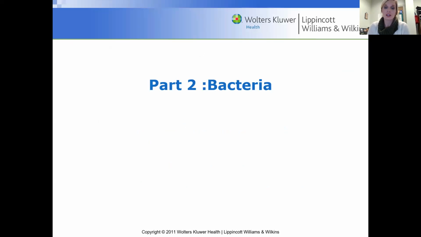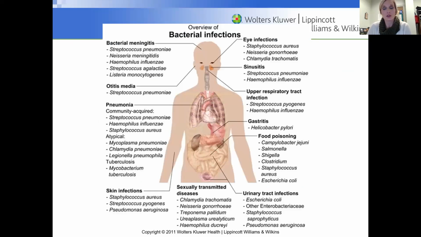If you remember, I started last week's lecture by showing you why you are studying viruses. Last week it was viruses, with an overview of some viral infections, and here's an overview of some common bacterial infections. Sometimes Staphylococcus aureus can cause eye infections.